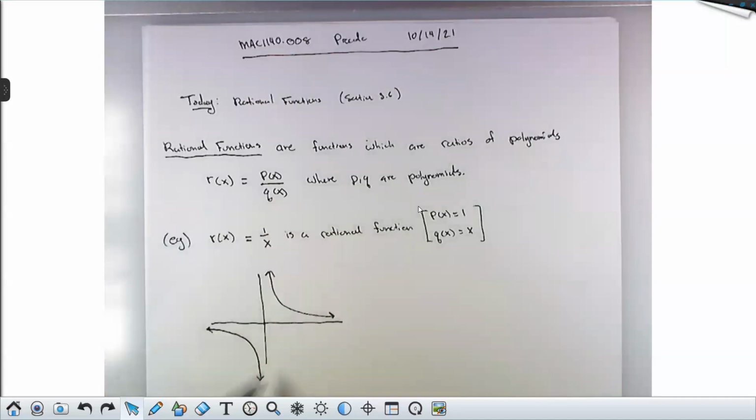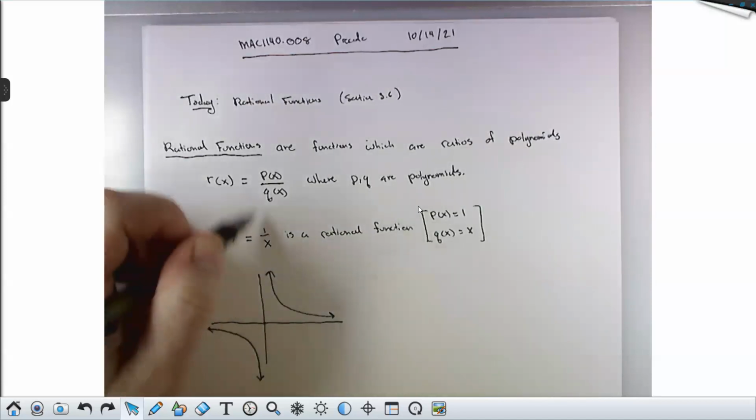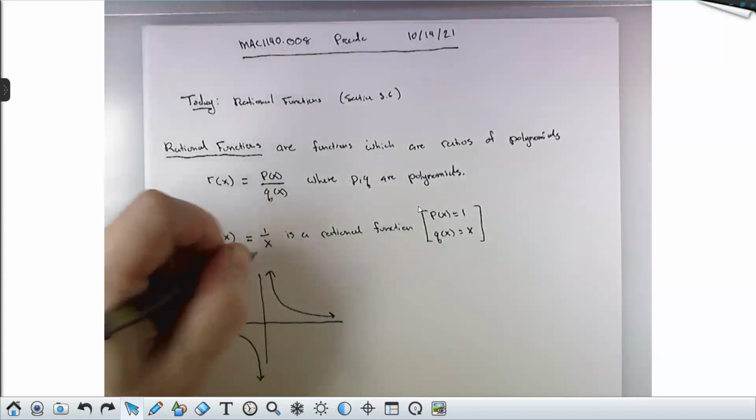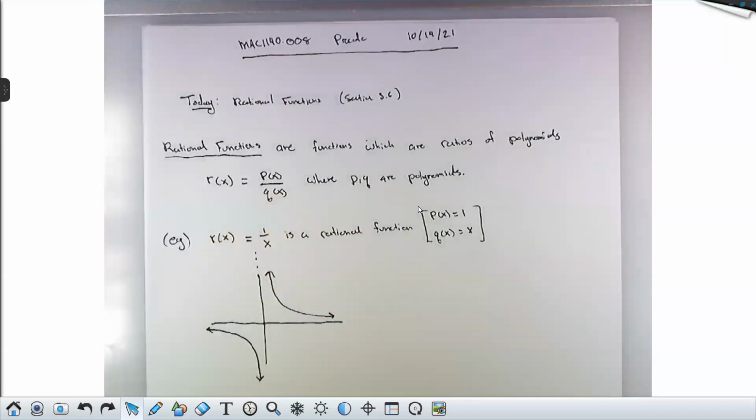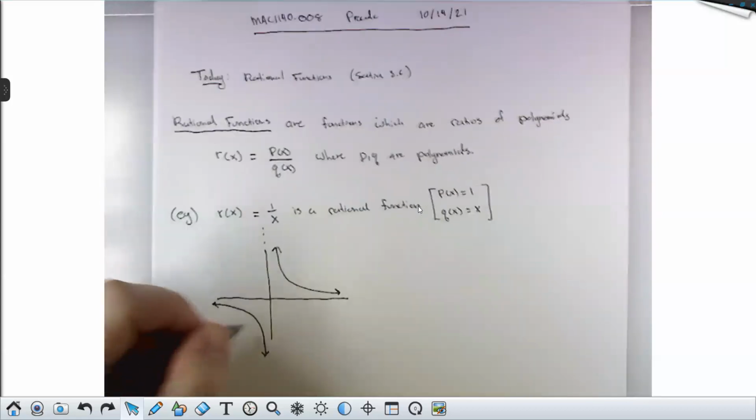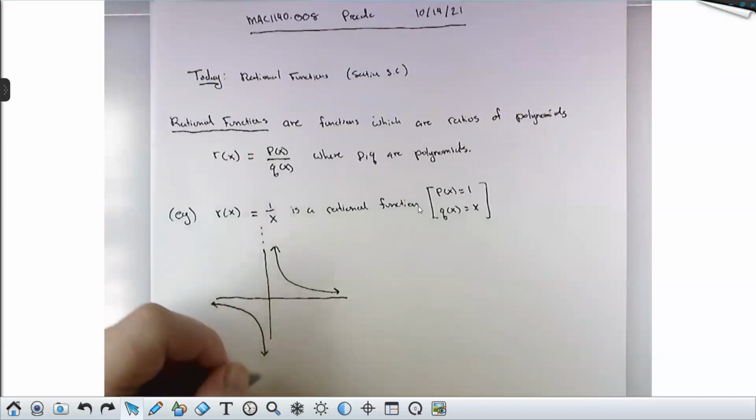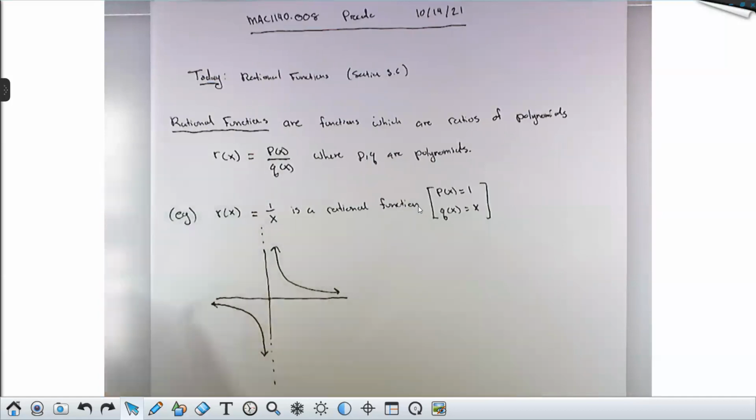And these arrows indicate that the function keeps going up, up, up forever and ever. And we usually indicate that with a little dotted line. And similarly down here, this arrow indicates that the function keeps going down, down, down forever. And we indicate that also with this dotted line.